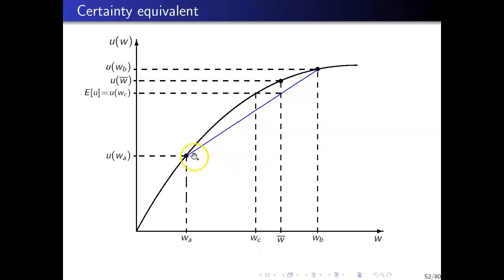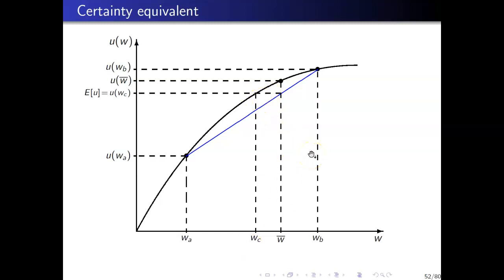With a strictly concave utility function, the certainty equivalent is smaller than the expected wealth. What does it mean? It means, take a person with a concave utility function. This person is willing to let go of a fraction of her expected wealth in order to be given an amount of wealth which is slightly smaller, but that provides her with the same level of utility.